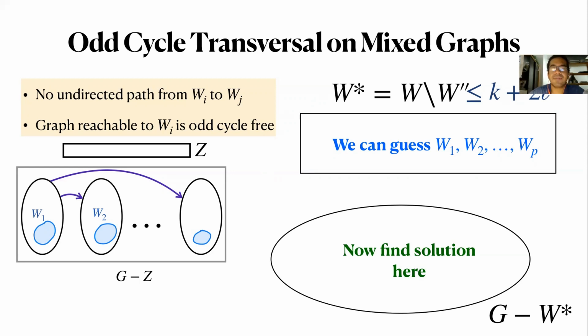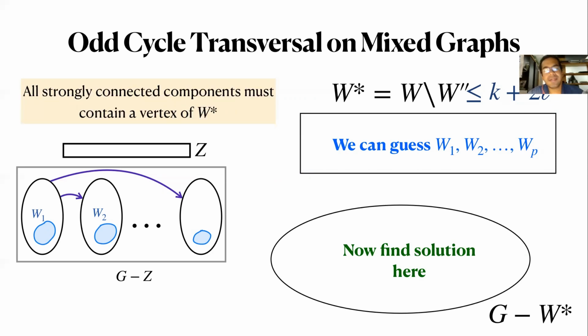And the graph reachable from Wi is odd cycle free, and essentially we will see that it is actually bipartite. So I hope that you can now see how we are slowly coming towards the bipartition multiway cut for sets.